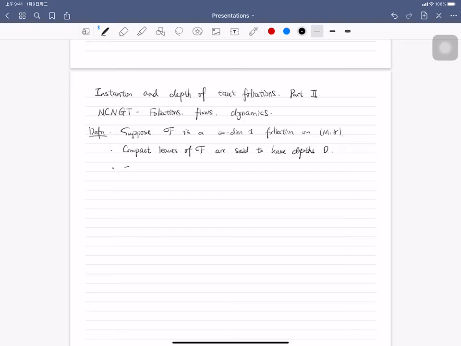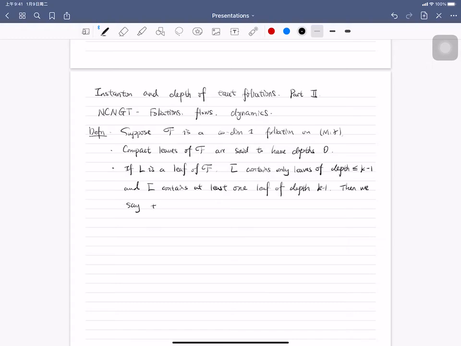If L is a leaf of F, and we know that the closure of L contains only leaves of depth at most k minus 1, and the closure of L contains at least one leaf of depth k minus 1, then we say that L has depth k.